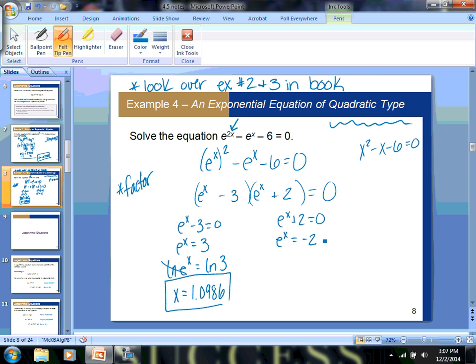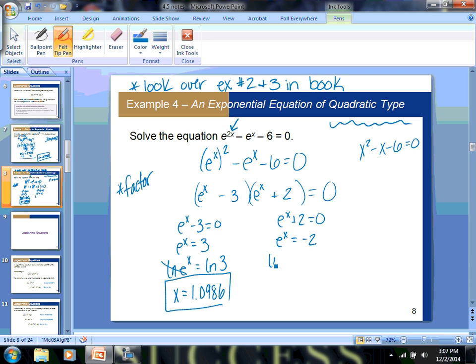Now, if you're observant, when you get to this point, you might notice that we're going to have a problem. Because I had to subtract that 2 over to the other side, so now I have e to the x equals negative 2.